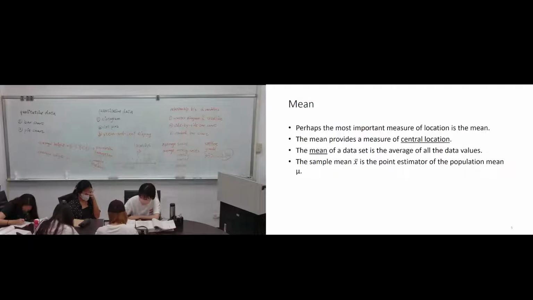X bar represents the sample mean. For the population mean, the symbol we use is mu. So we use the sample mean X bar as the point estimator of the population mean, mu.